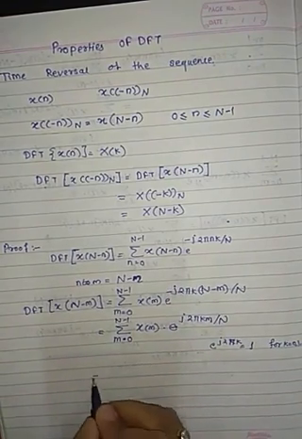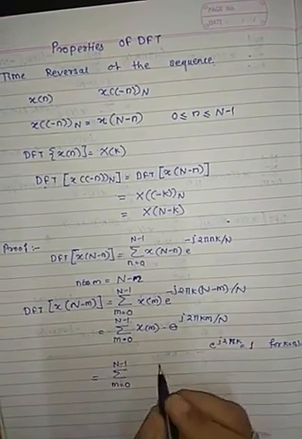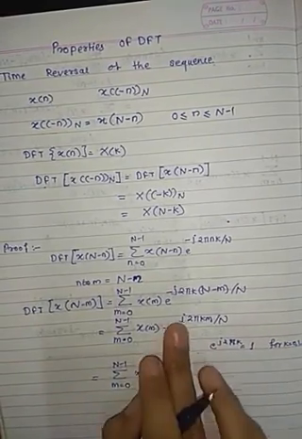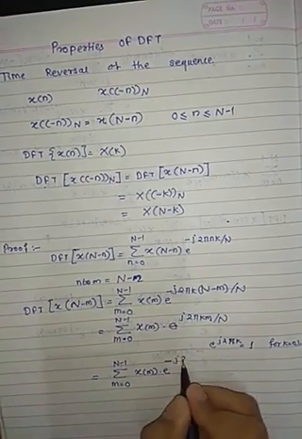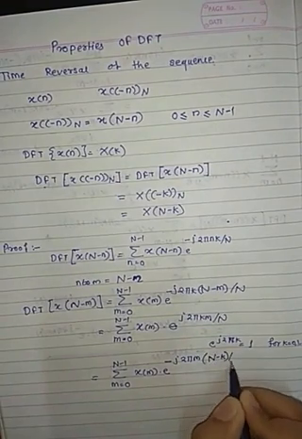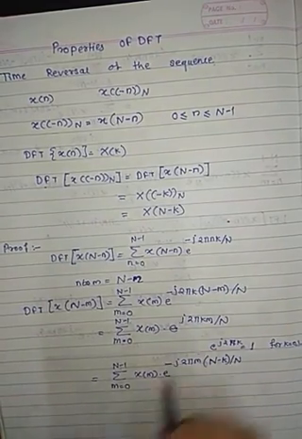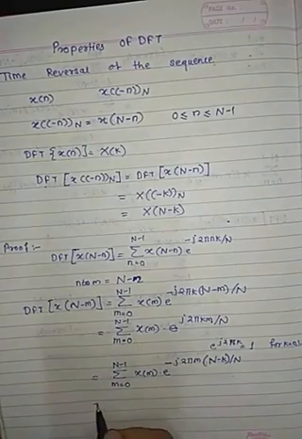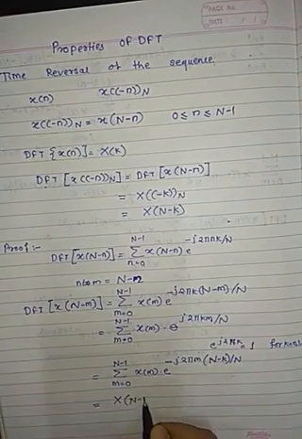So now our equation becomes summation from m equal to 0 to N minus 1 of x of m into e raised to minus j 2 pi m multiplied by (N minus k) divided by N. This term is nothing but X of N minus k.